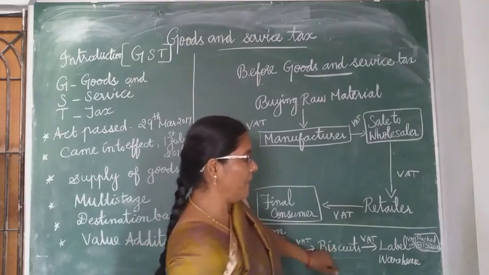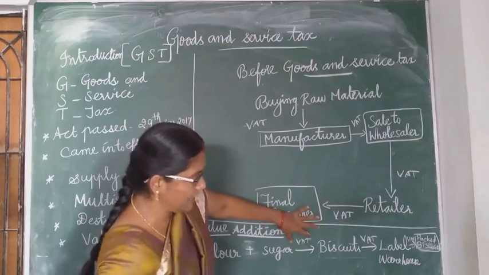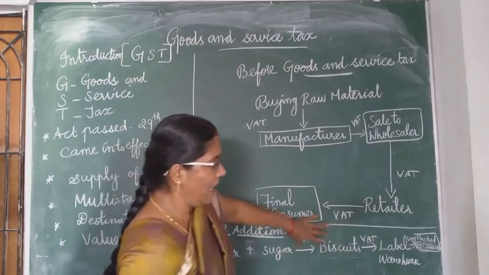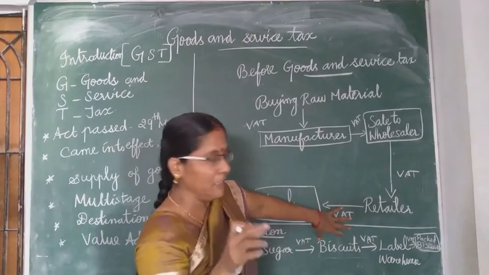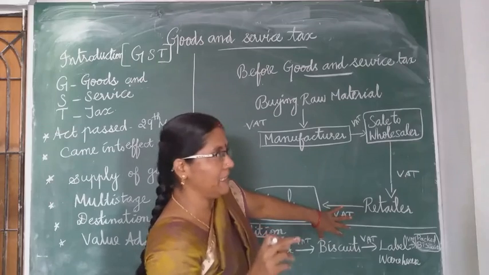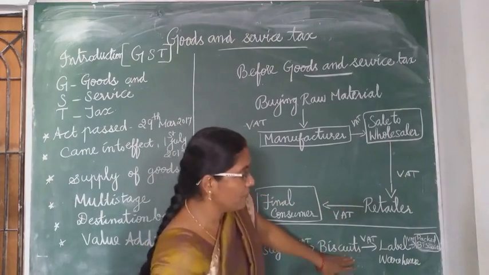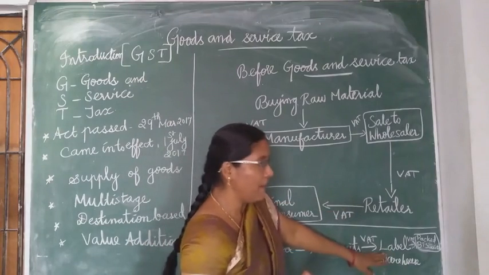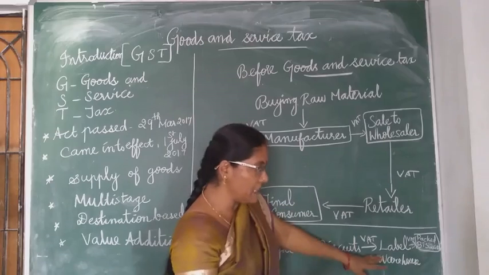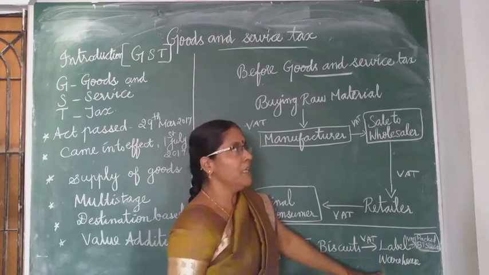And after that he is making it as a biscuit. At that stage he wants to pay the tax, and after that he wants to sell it to the warehousing agent. At that stage also he wants to pay the tax, that is value addition.